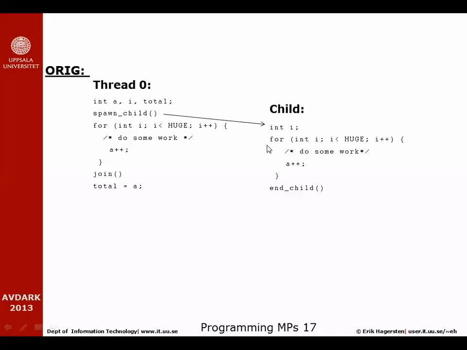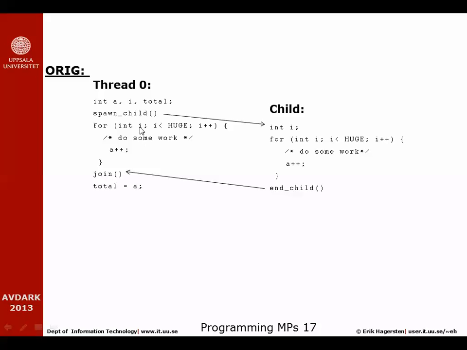They will both go through a huge loop with a large number of iterations and do some work, and then they increment the counter just to see how many times they've been going in the loop, and then after the child ends, the parent will put the total number of iterations that they've done together into the variable A.